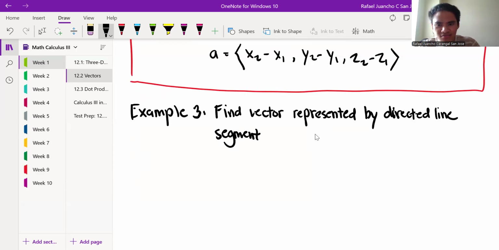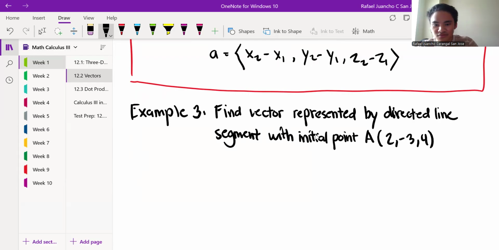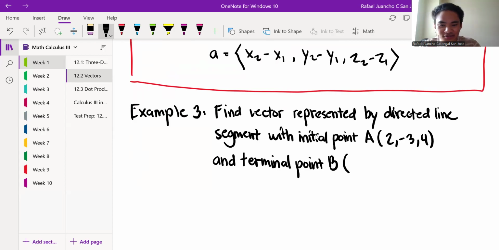By directed line segment with initial point, so it has this initial point or the tail, 2, -3, 4, and terminal point. Oh, we just have to find the vector. So we just use the formula. It's basically a numerical example, which is -2, 1, and 1.